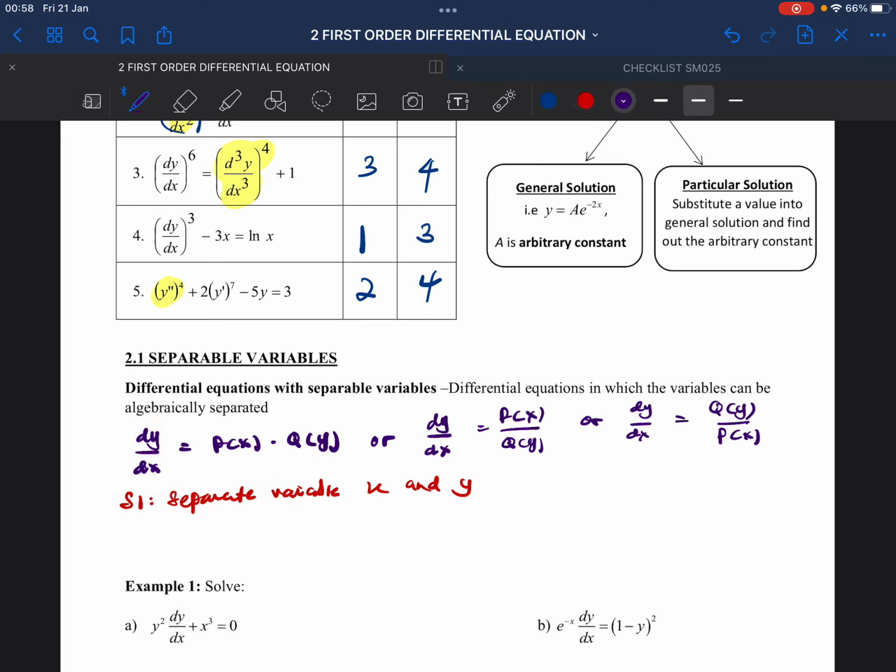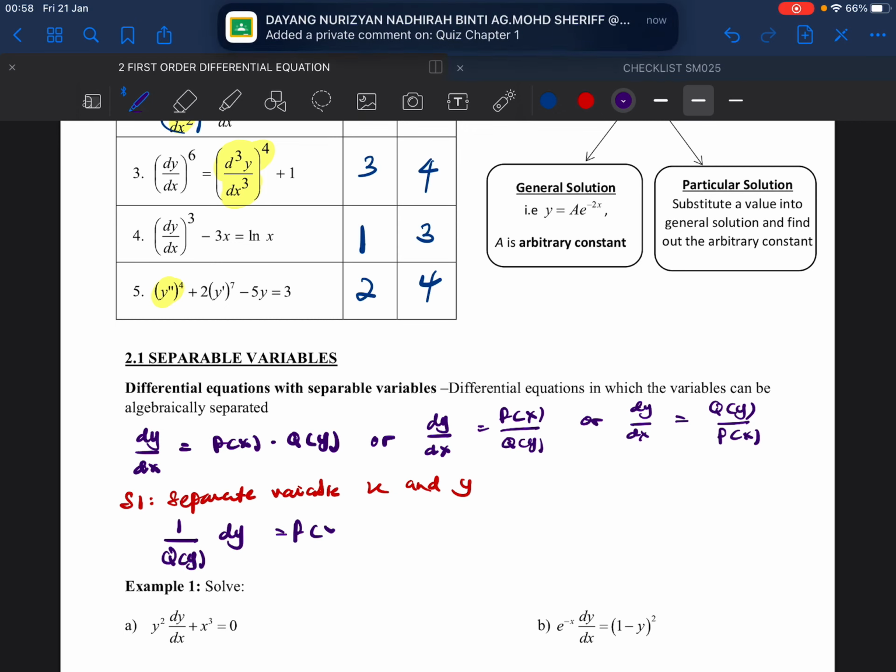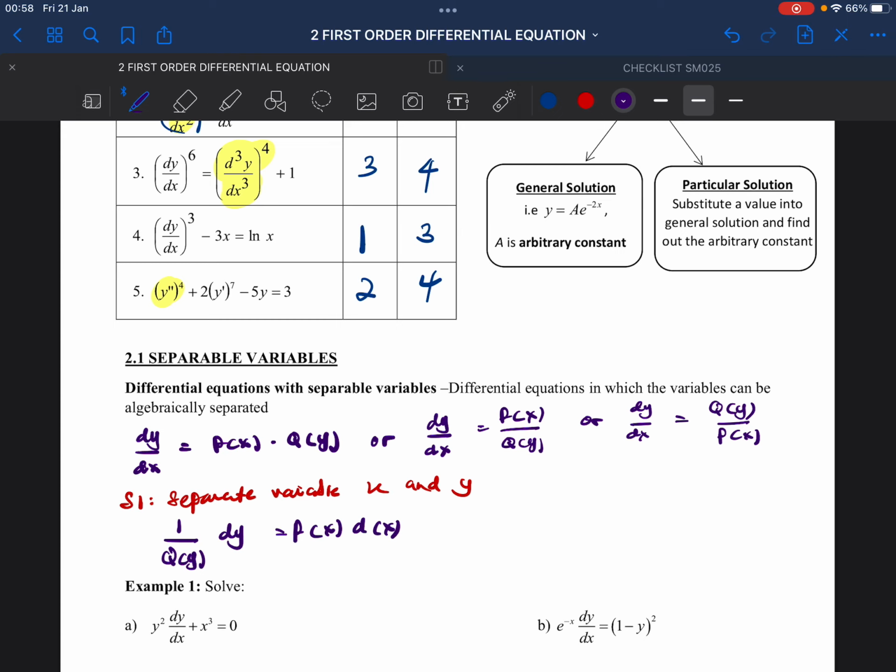So what we get is 1 over Q(y) dy equals P(x) dx. Okay, so that is your first step: separate variables x and y. The second step is very easy. You just integrate both sides. So you will have integral of 1 over Q(y) dy equals integral of P(x) dx.